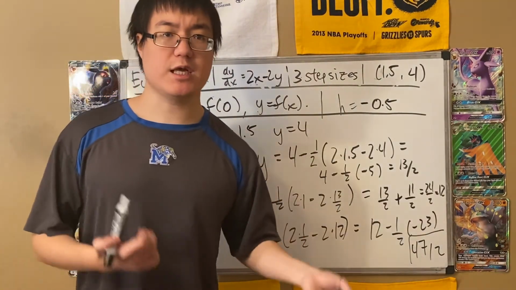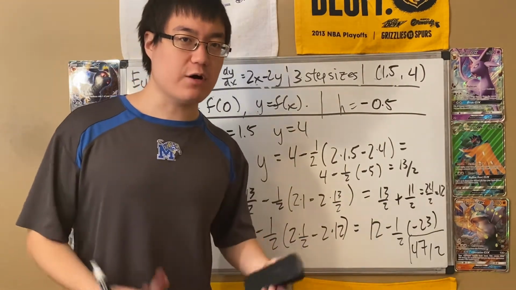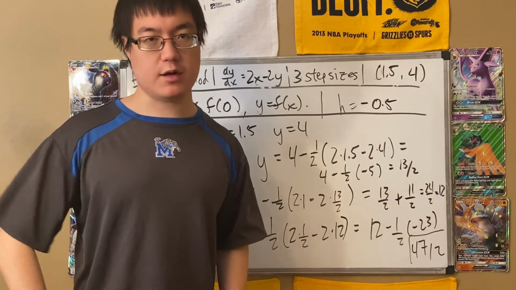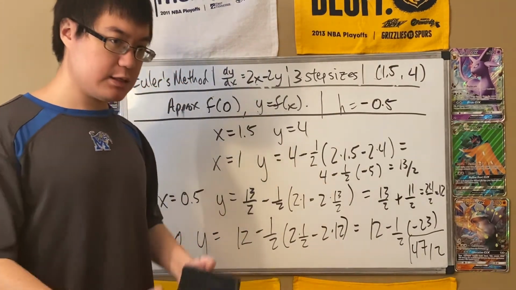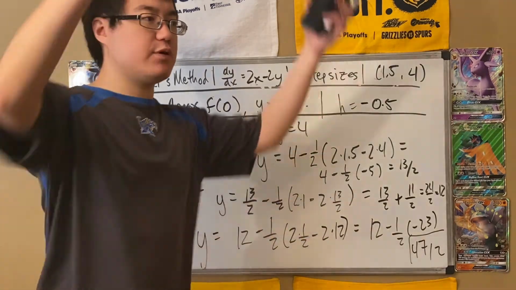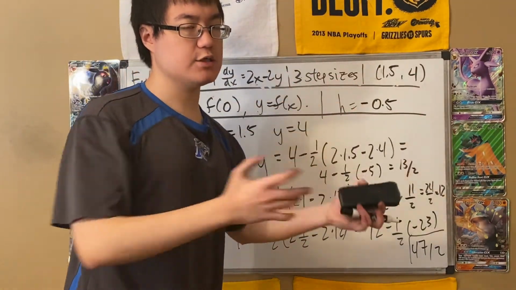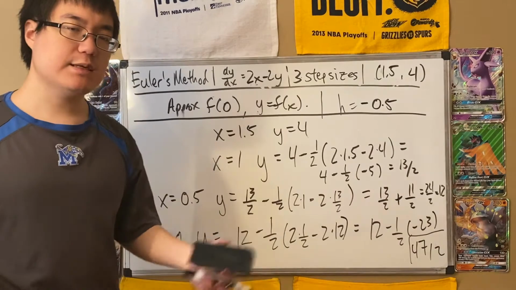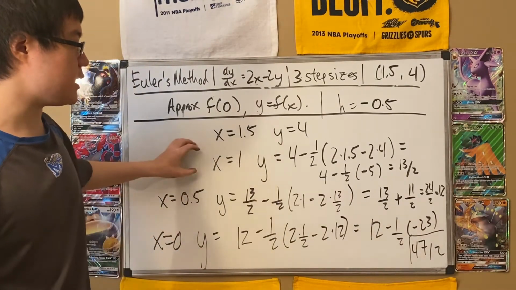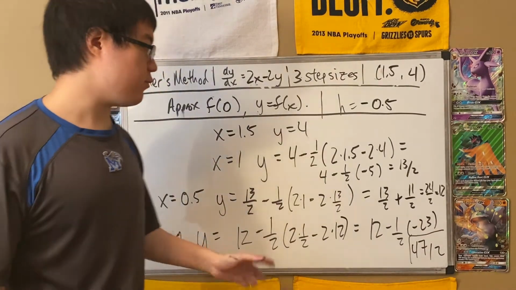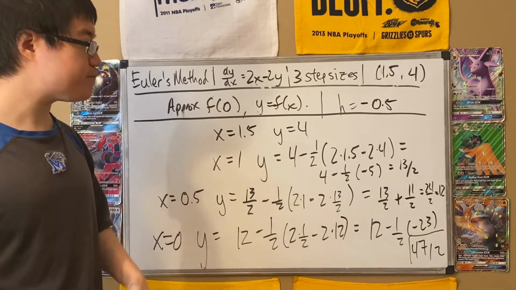Just a few things to keep in mind. The first thing, by far the most important thing, is just knowing the formula. Previous y plus step size, plug in previous x and y into your differential equation and just solve that thing. The next and most important thing is how to go from step to step. When I say previous x and y, you look at the line immediately above it.